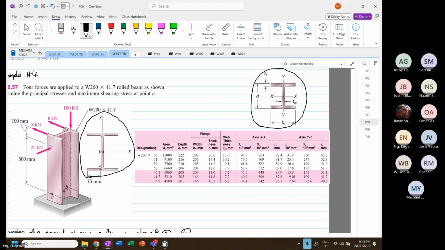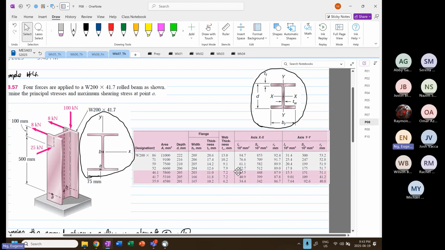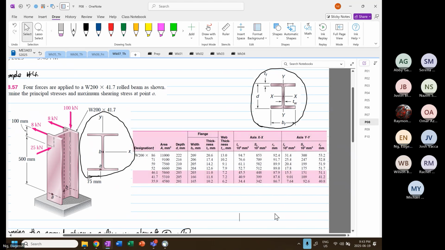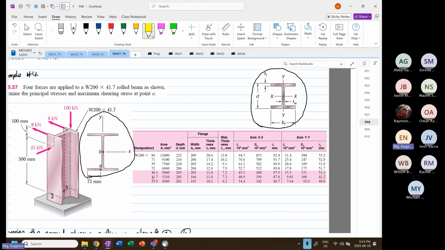So from the table we know. This is the first time all of you are looking at a table like this. No, not the first time. We did that in, I could not remember, did we do that in Berkeley? But anyway, the beam that we're going to use is this beam over there.